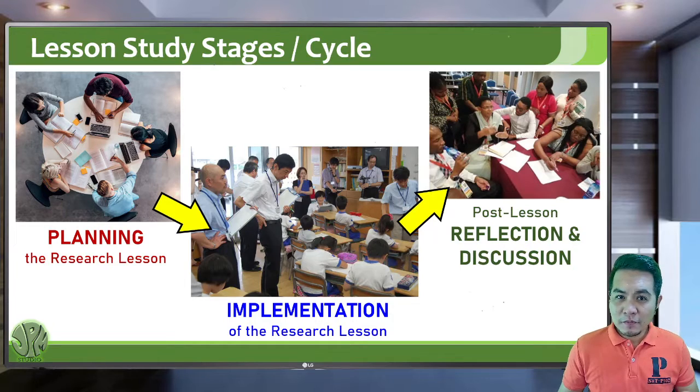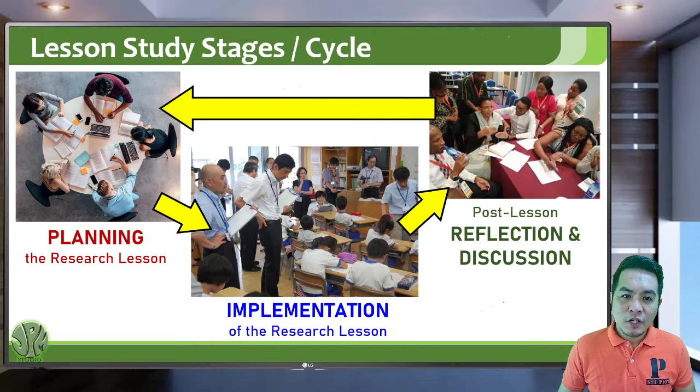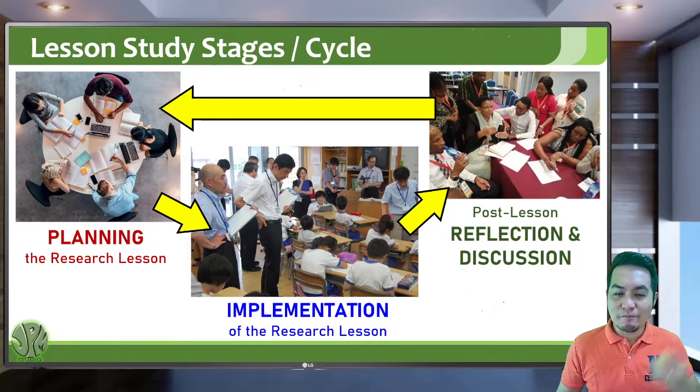They will be the ones to comment on what went wrong, what went well, were the students bored, were the students happy, or actively participating in the activity. After the post-lesson reflection and discussion, you again go back to the planning stage and incorporate what you have reflected and discussed during the post-lesson meeting.